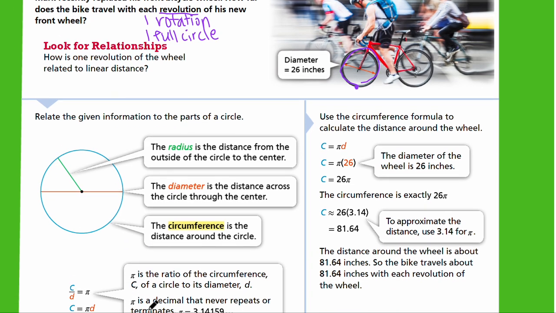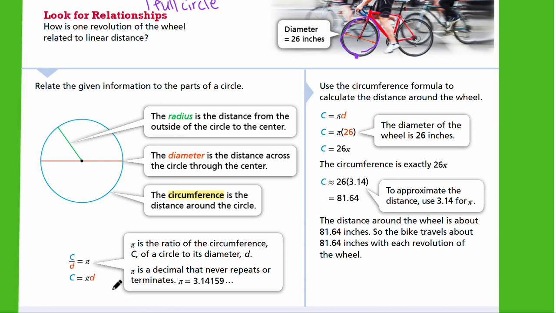So your pi is the ratio of the circumference over distance. So your circumference could be figured out by multiplying pi with your diameter. So your diameter is 2 times the radius, right?